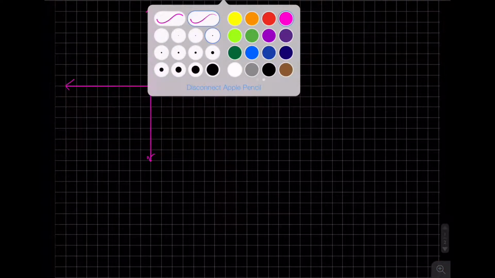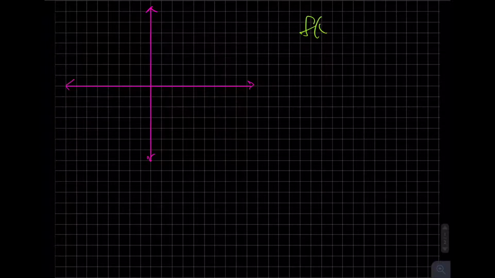So piecewise functions. Typically we have a single function that expresses what's happening across the full domain, or besides restrictions. In other words, for instance, I can have the function x plus 7.